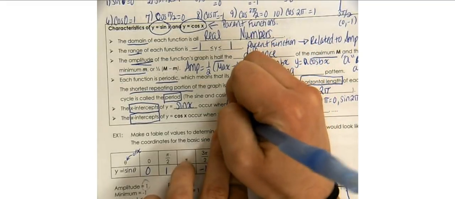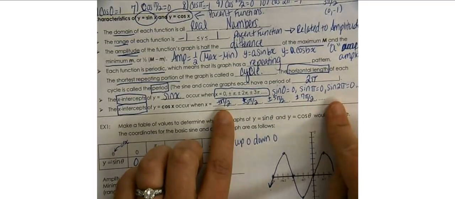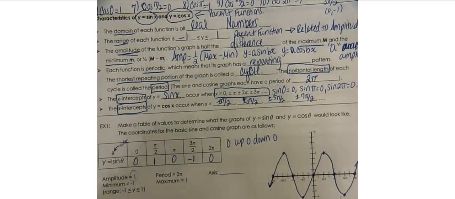Instead of pi, 2 pi, 3 pi, 4 pi, 5 pi, etc., it's going to be plus or minus pi over 2, plus or minus 3 pi over 2, plus or minus 5 pi over 2, plus or minus 7 pi over 2, etc. That's because at every pi over 2, where you can't simplify that fraction any further to be equal to pi or 2 pi, that's when cosine is equal to 0.